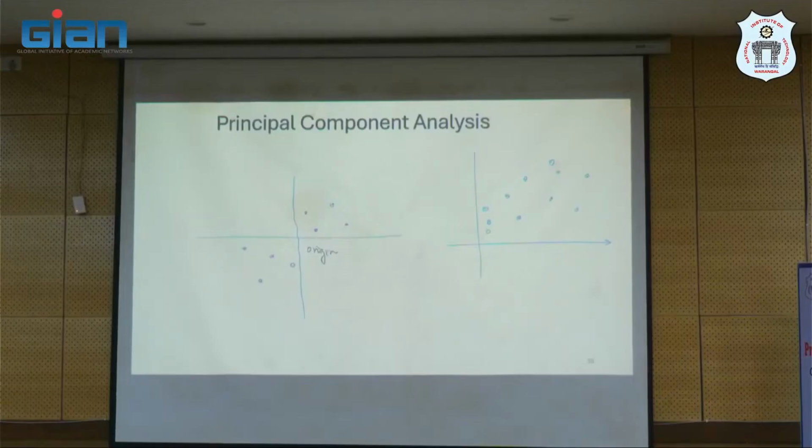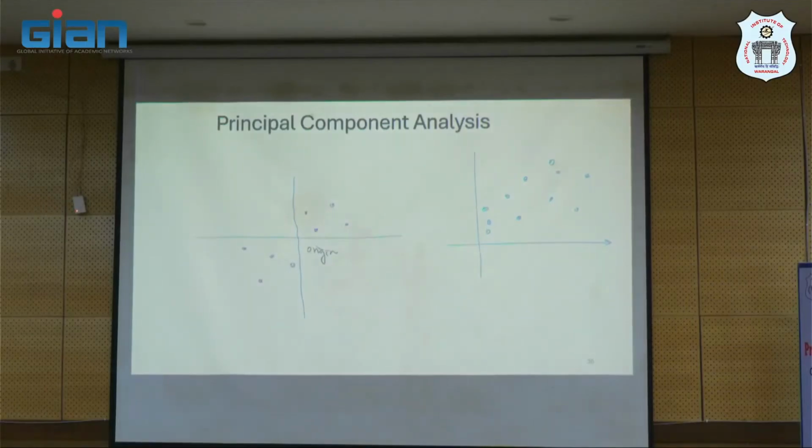What you will do is first estimate the mean of this given data set, and from each of the data points you will subtract the mean, and you will create a new revised data set, and that will always be centered around the origin.